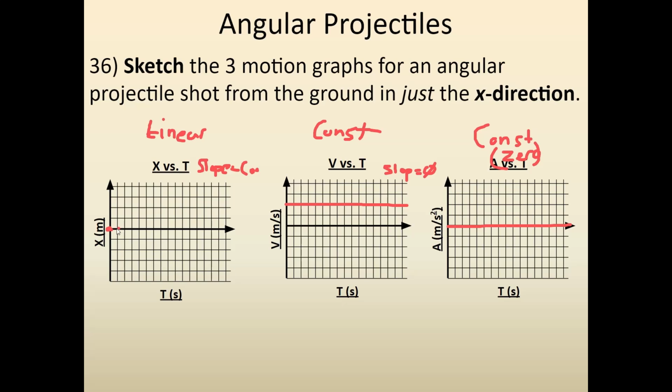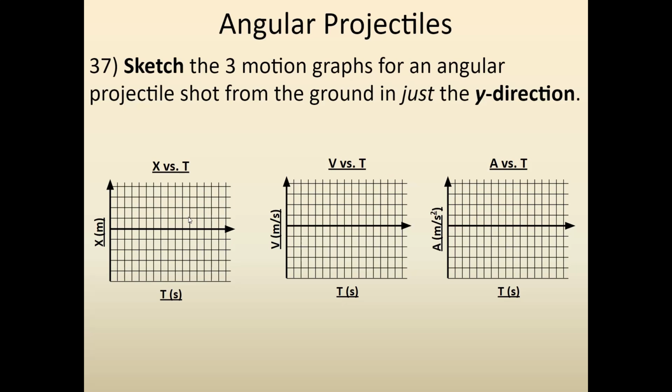So it starts here, and then does it go up or does it go down? Well, because this graph is constant and positive, that means this slope is constant and positive. So this should be a linear line going upwards with a constant positive slope. Okay, and those are our 3 graphs. Okay. Here's the next one. Pause video, work it out, and we'll go over it in a second.